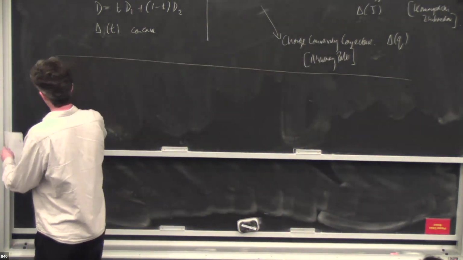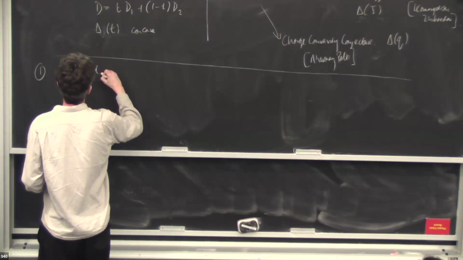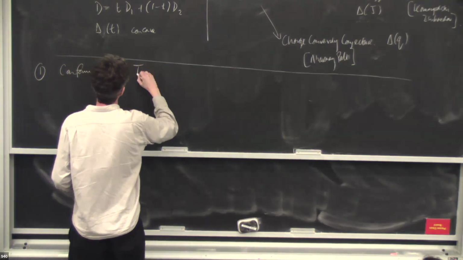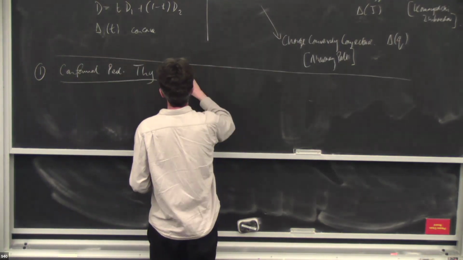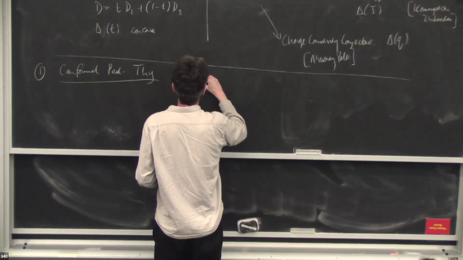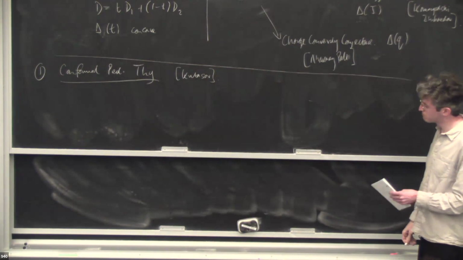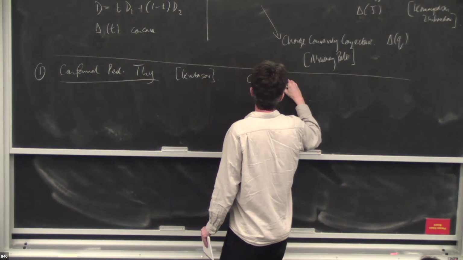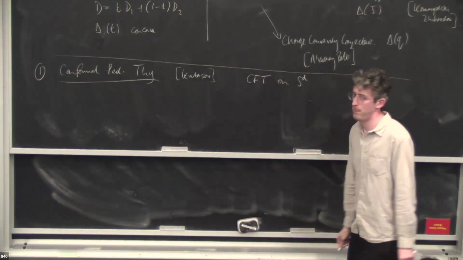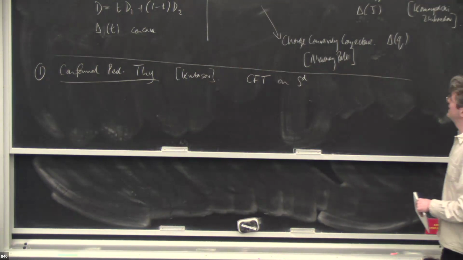Let me begin by reviewing a little bit about conformal perturbation theory, which is going to be our tool. For me, the nicest reference about this is by Komargodski and collaborators. There are also nice papers by Zamolodchikov and Cardy. So we're dealing with a CFT on the d-dimensional sphere.